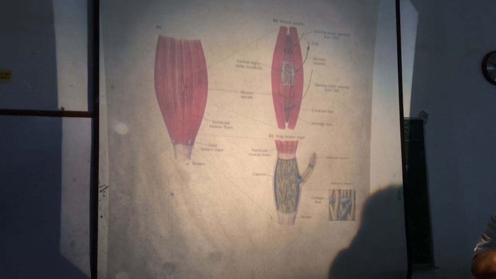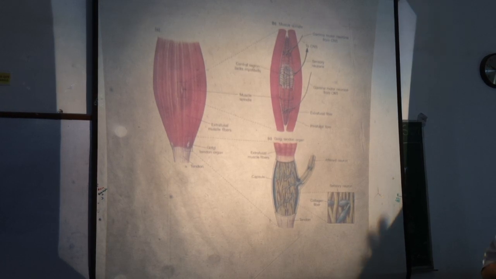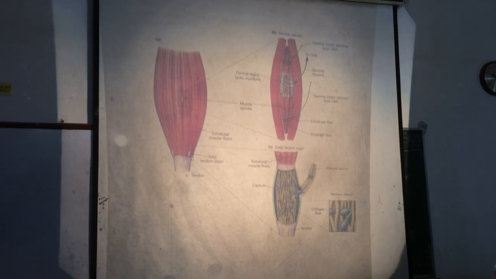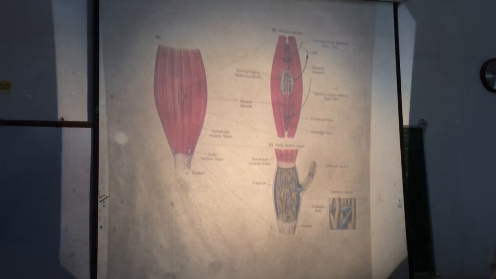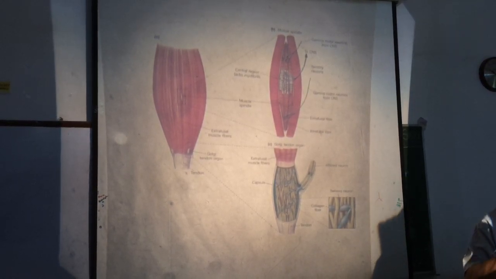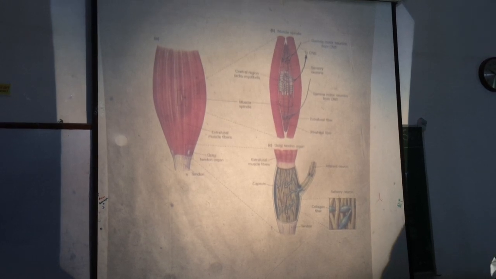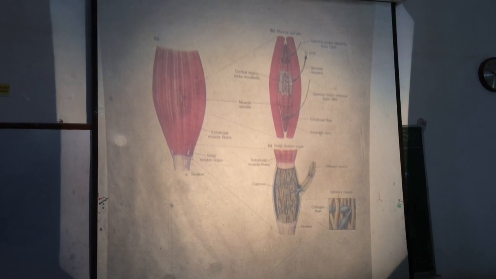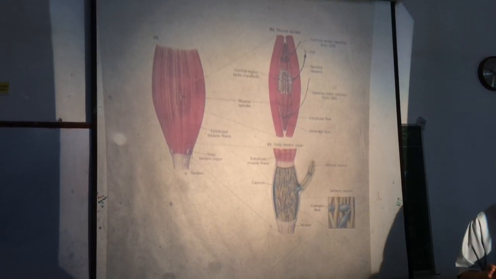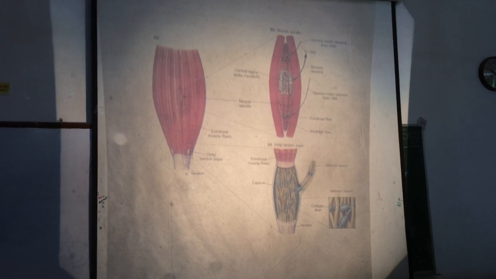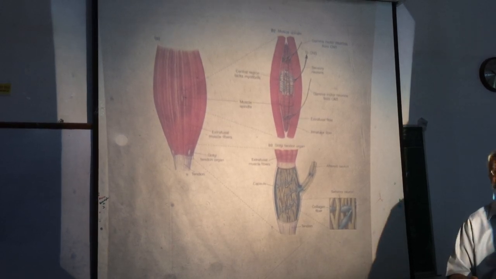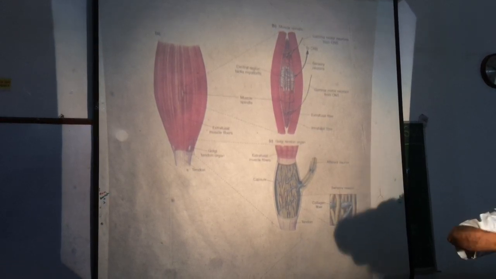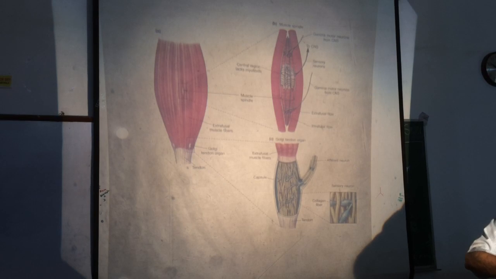Whenever a change occurs in the length of the muscle fiber, a similar change occurs in the length of the muscle spindle. So if the muscle fiber increases in length, the muscle spindle will also increase in length, and so on.